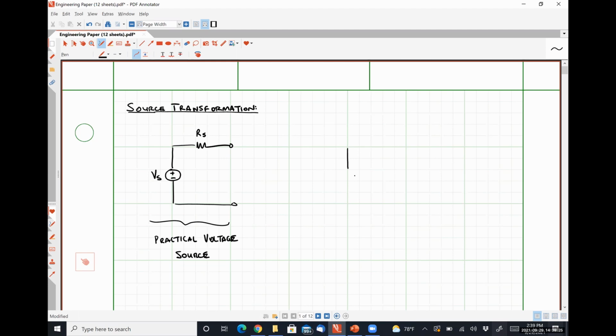On the right hand over here, I am drawing a current source, IS, in parallel with a resistor RS. And I am calling this guy a practical current source.